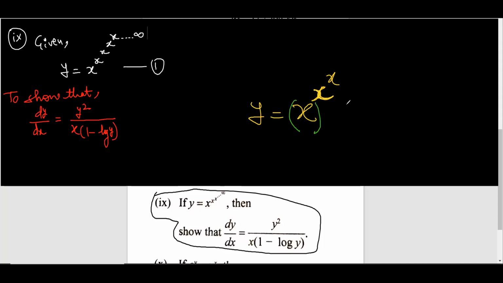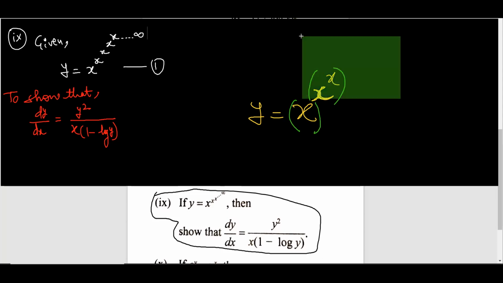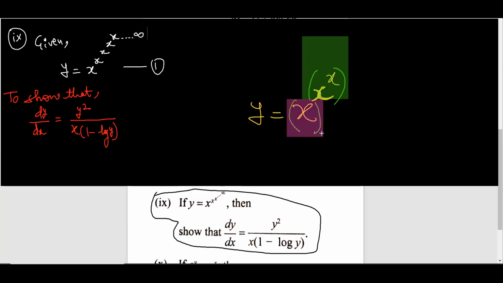It is x raised to x raised to x. This first x is the base, and whatever part you have after this will be covered as a power. And this x, the downmost one, is the base.